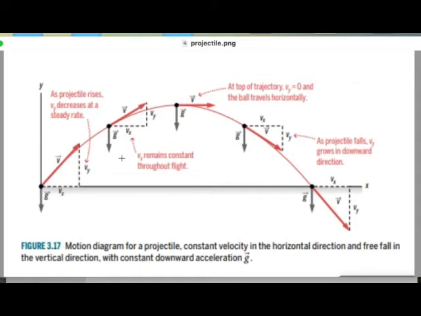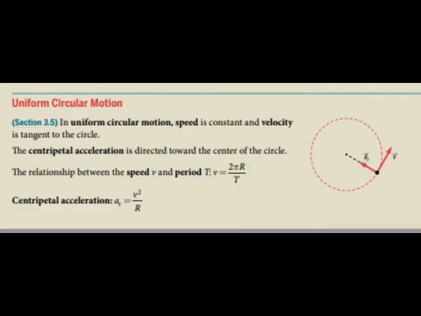Now, the final section in chapter 3 is circular motion. Here is the summary of section 3.5 at the end of chapter 3 on uniform circular motion.